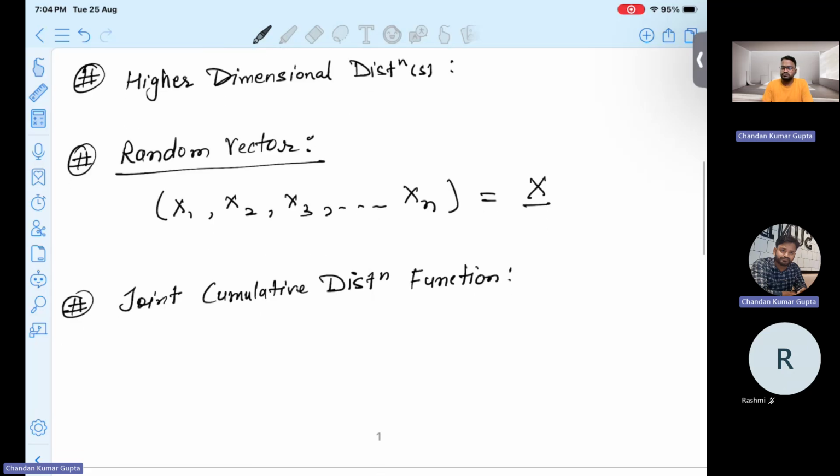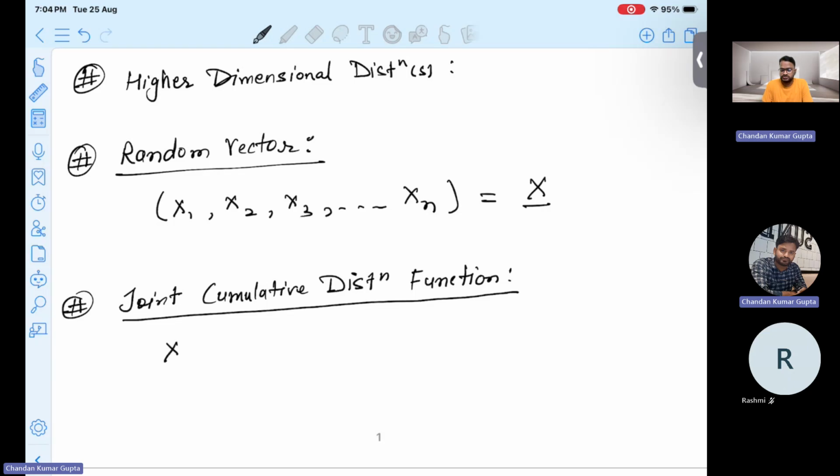In the univariate case, suppose X is a random variable which follows some distribution. We define the CDF, the cumulative distribution function, of this random variable as the probability that X is less than or equal to x.